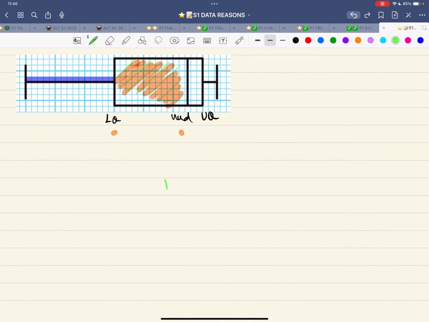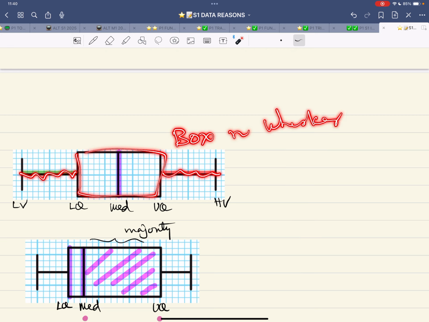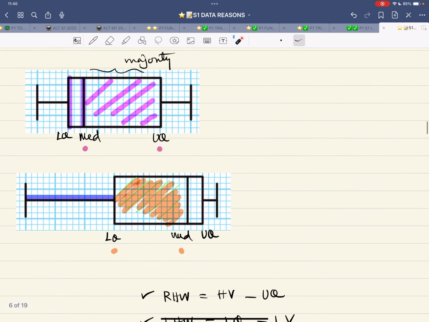This is, let me choose another marker, right hand whisker, that is highest value minus upper quartile, left hand whisker, that is lower quartile minus lowest value. So these are the whiskers. That's the whisker. That is the whisker. This is the box. That is why it is named the box and whisker diagram, also known as box plot.